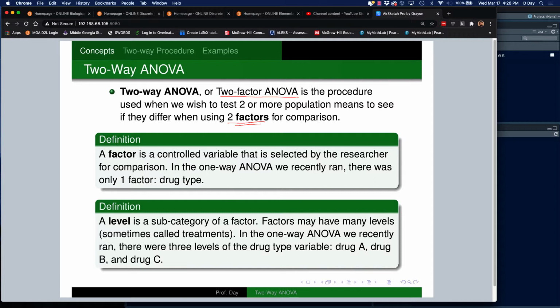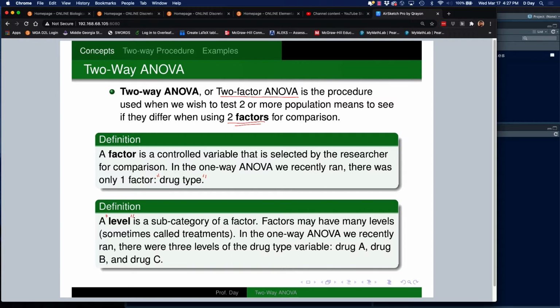In the one-way ANOVA we ran a few lectures back, the drug example, the one factor we had was drug type. These factors are then broken down into levels. We called them treatments back in the one-way ANOVA, but another term for that is level.